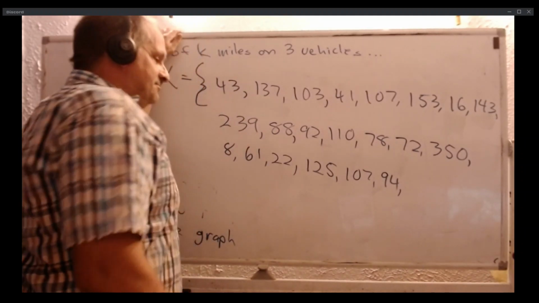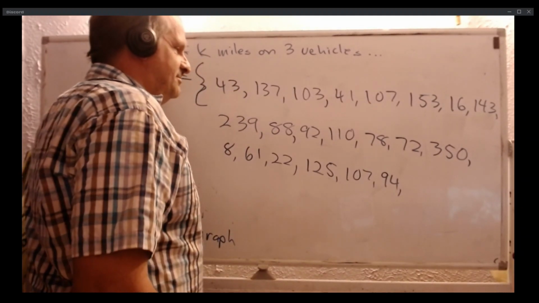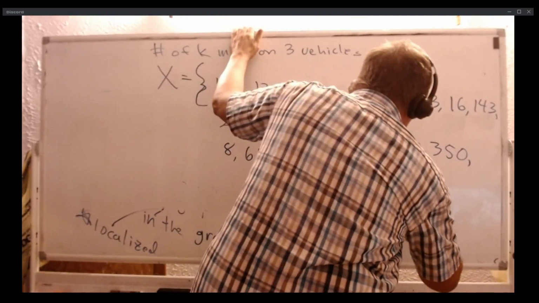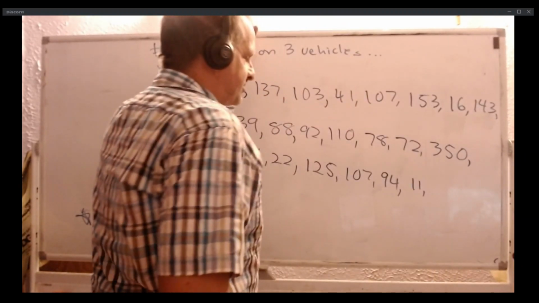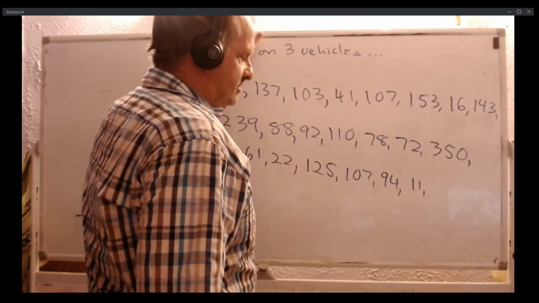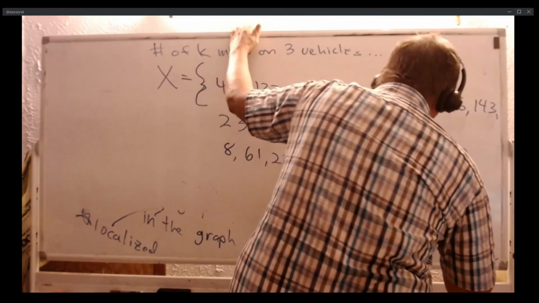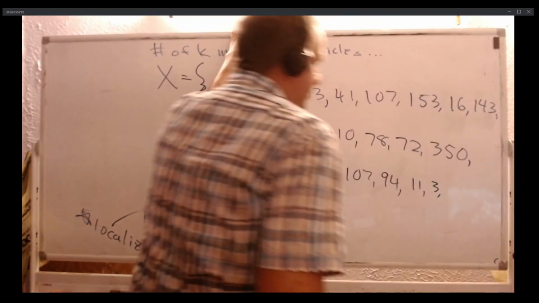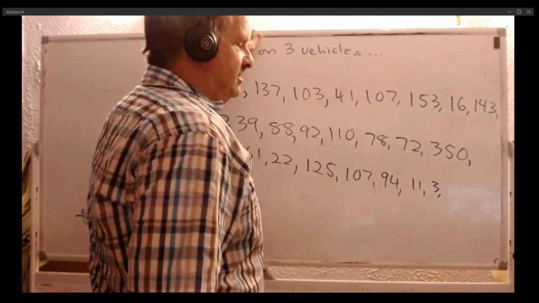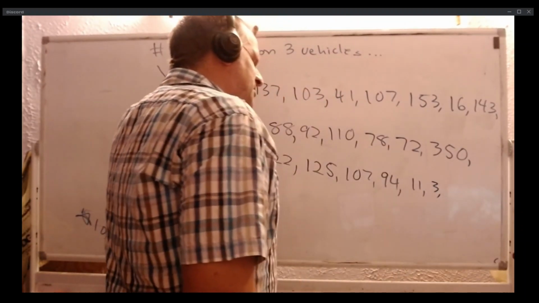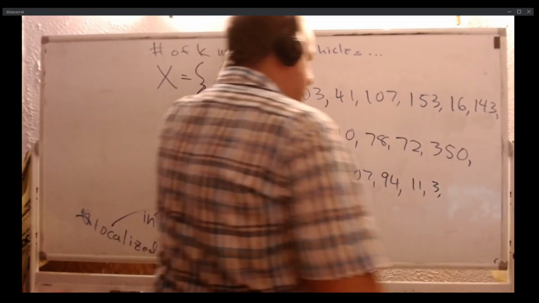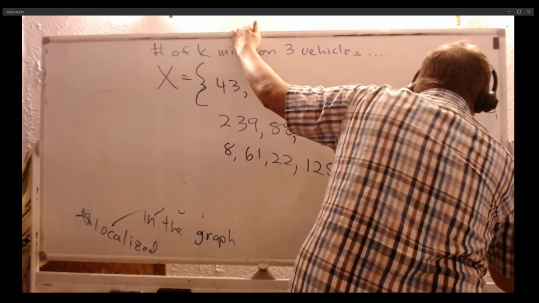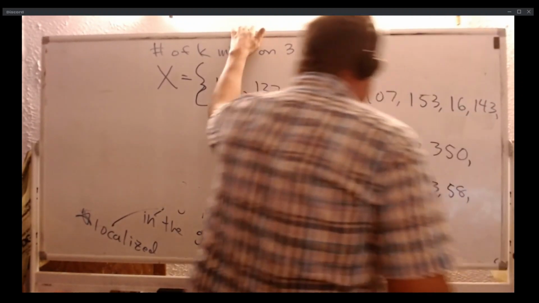Just make something up. Let's do 11. Okay. Fairly new car. Surprisingly, a 3. Even newer. And 58. Somebody either doesn't get out of the house very often or has brand new cars all the time.